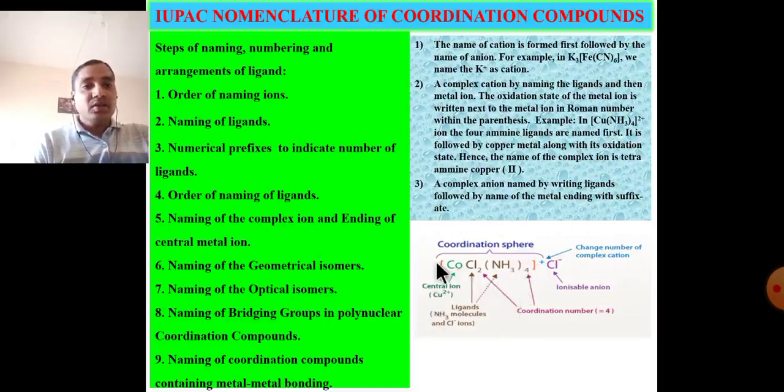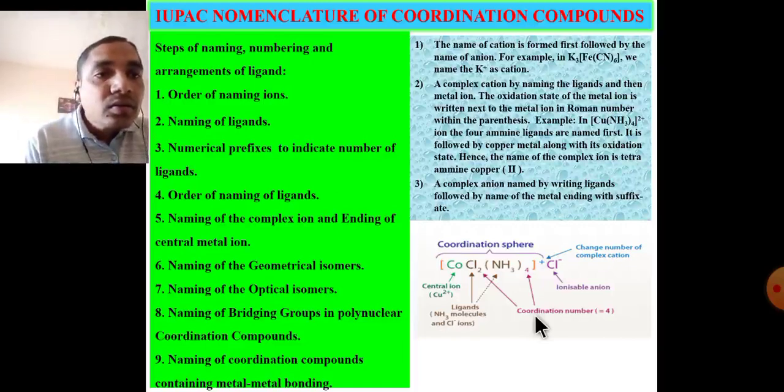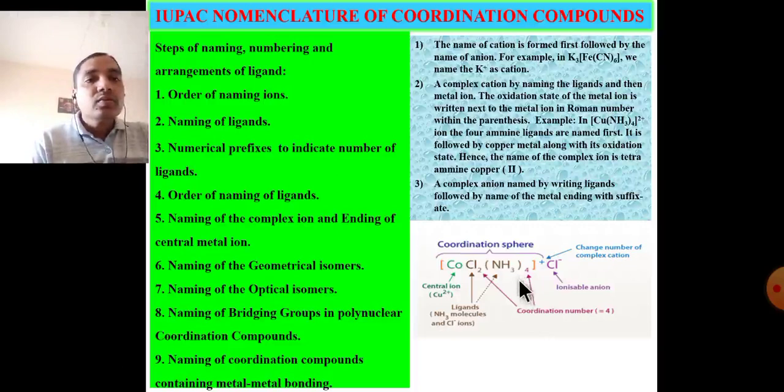This bracket is called the coordination sphere, containing the central metal atom and the ligands. The coordination number is 4 plus 2, that is, 6. This is the distinction between the ionizable ions and the charge on the coordination complex.